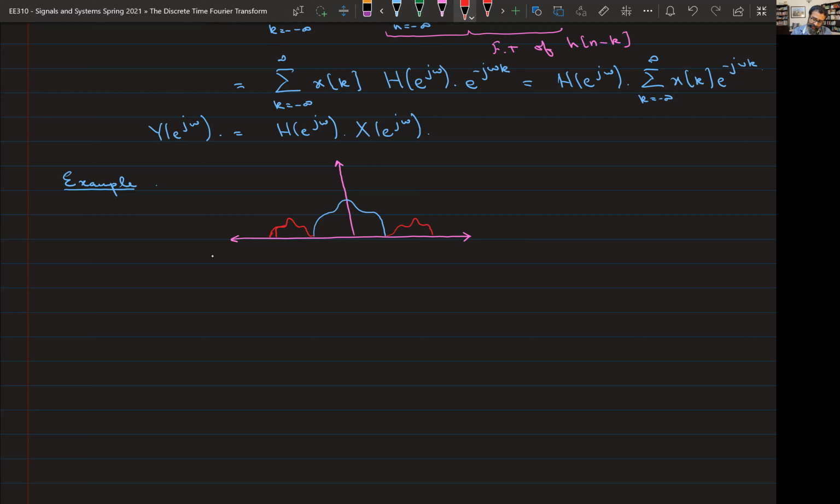This red thing is unwanted interference, and this would be pi, so everything is between pi and minus pi. Let's say this is pi and this is minus pi, and this blue thing is your desired signal.